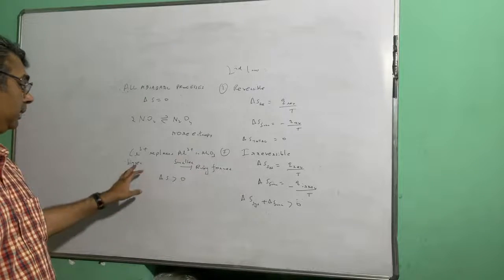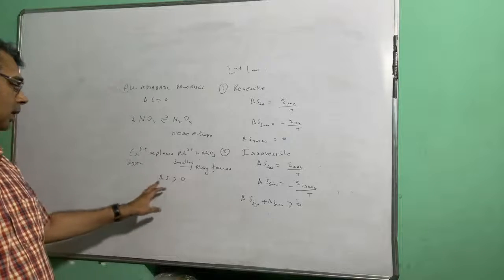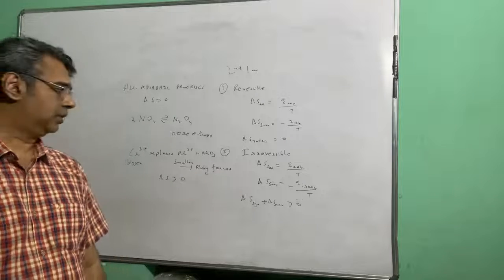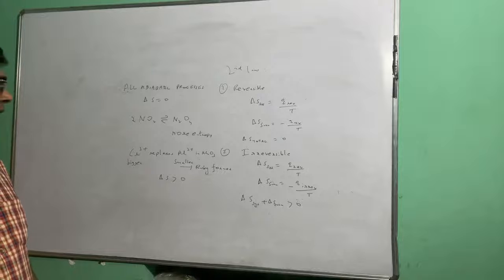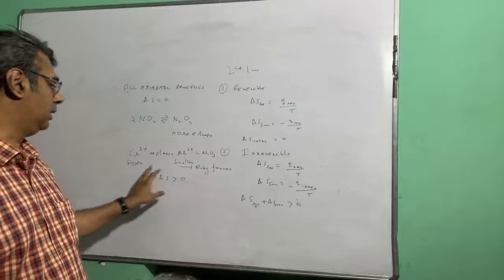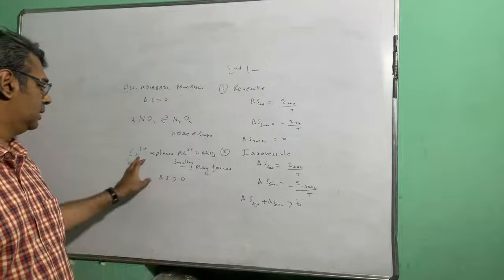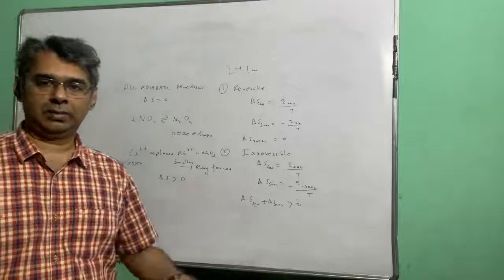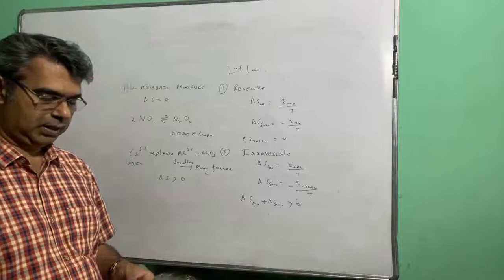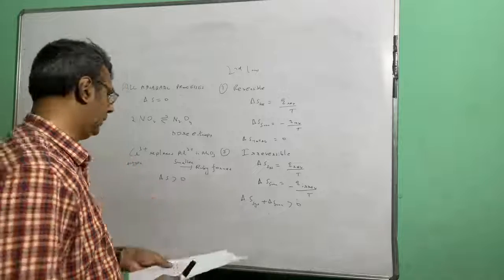So whenever a bigger one replaces a smaller one, ruby will be formed and the change in entropy is positive, right? So Cr3+ replaces Al3+ to give ruby, but during the process the entropy change is positive because this is a bigger cation than this. So these are all examples that bigger species will have more entropy.